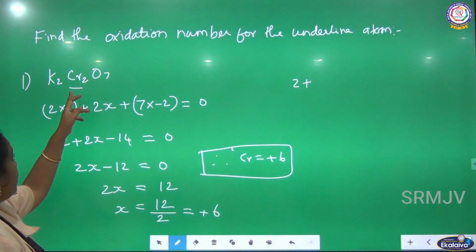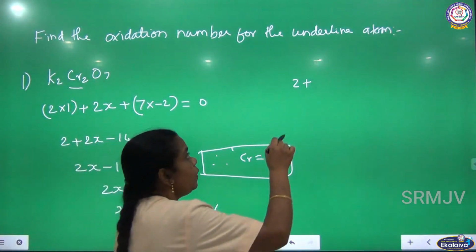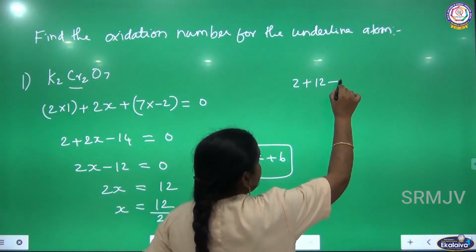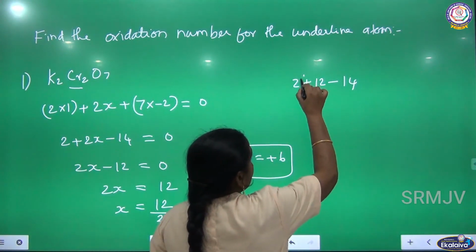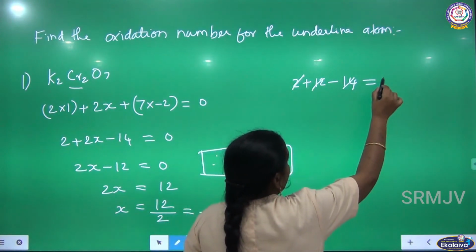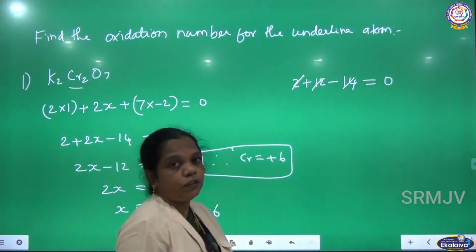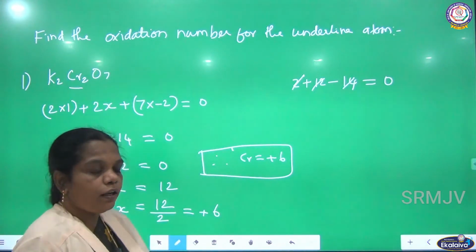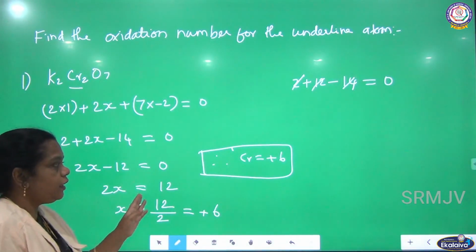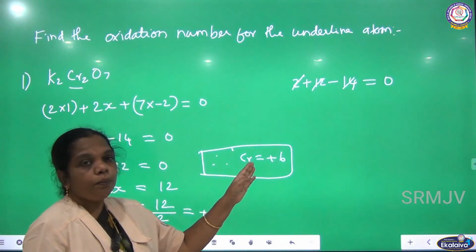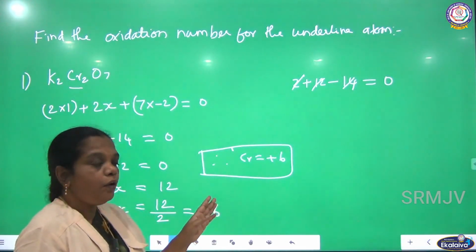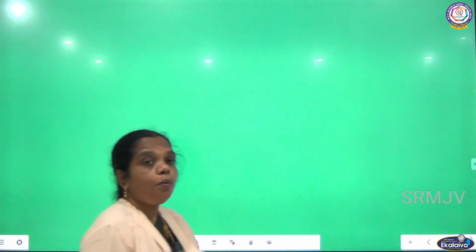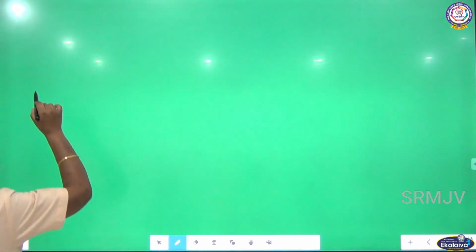How many chromium atoms here? 2 chromium. So 12, minus 2 into minus 2, 14. So what are we going to get? 2 plus 12 minus 14, so it can form the neutral molecule. So the oxidation state of chromium is +6, which is correct. Now, if it is expressed in the form of ions.